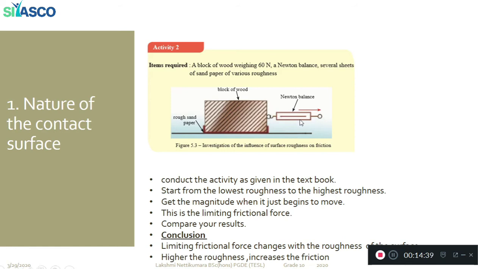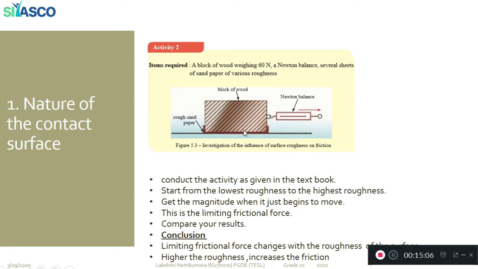Then pull the Newton balance attached to the block with a very small horizontal force at first and then increase the force gradually. Take the reading of the Newton balance when the block is about to move, which gives the value of the limiting frictional force for the particular sandpaper.